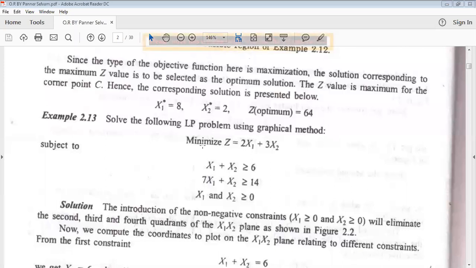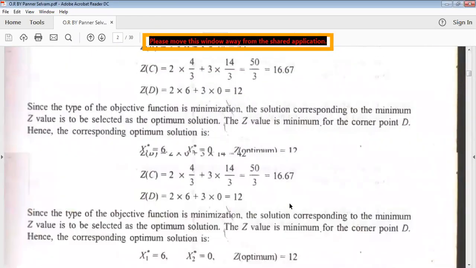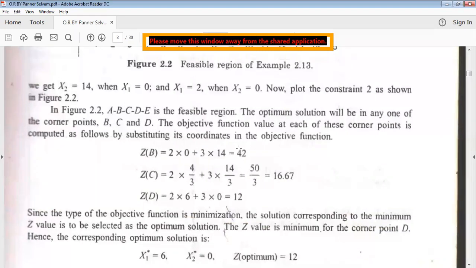Because it is a minimization problem, you have to select the minimum of the z. Previously it was a maximization problem.